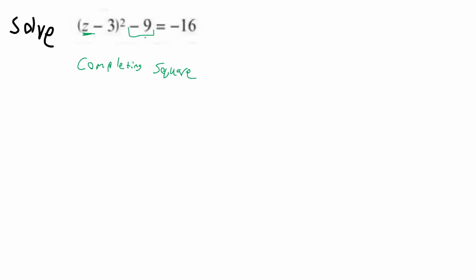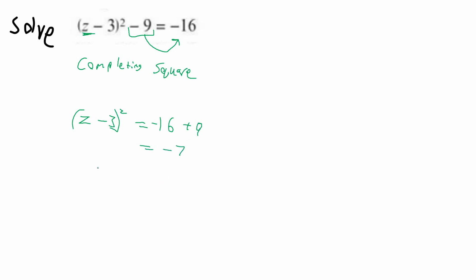First thing I'm going to do is put this plus 9 on the other side. So z minus 3 all squared is equal to 16 minus 16 plus 9, which is minus 7.